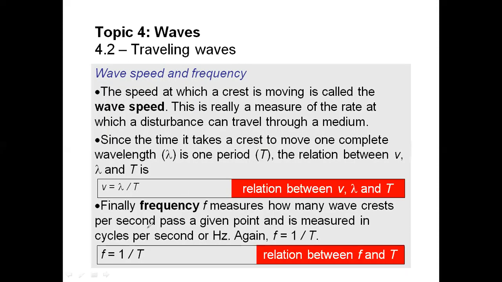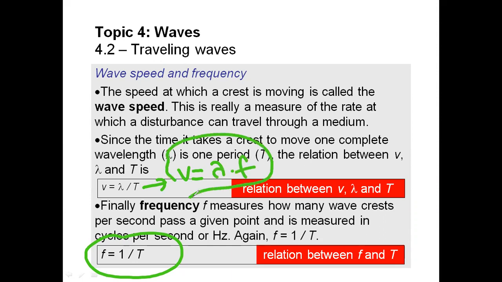Let's write it down. If the frequency is equal to 1 over period, the speed is equal to wavelength times frequency. Both of them are right, because the frequency is equal to 1 over period. If you write frequency instead of 1 over period, we will have this equation. Both of them are the same. We may use both of them, depending on the given values in the question.